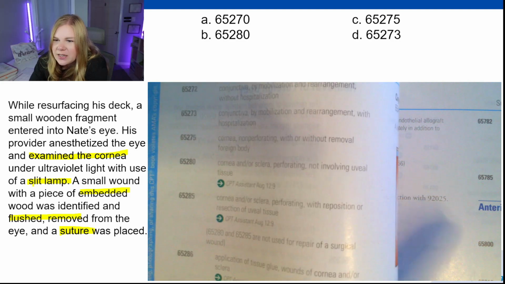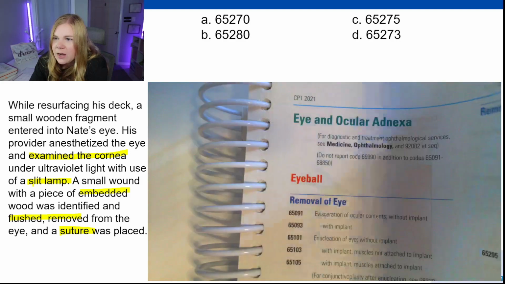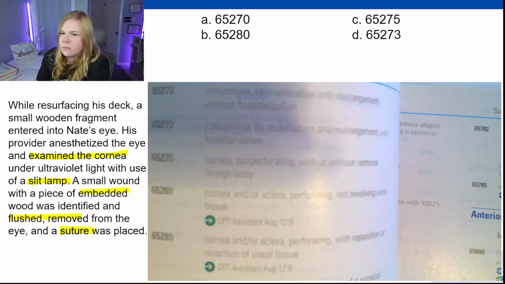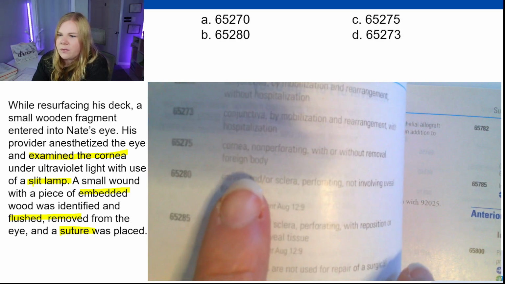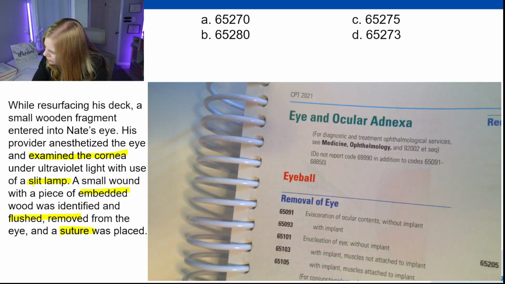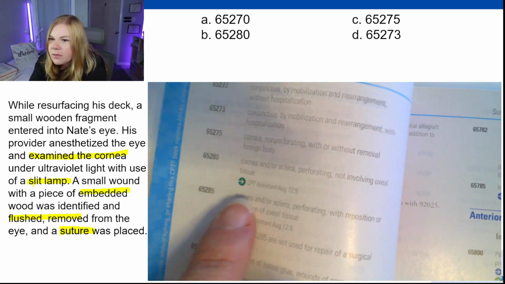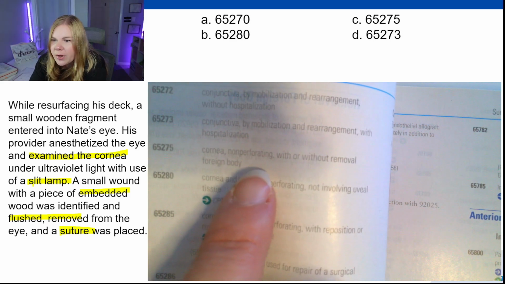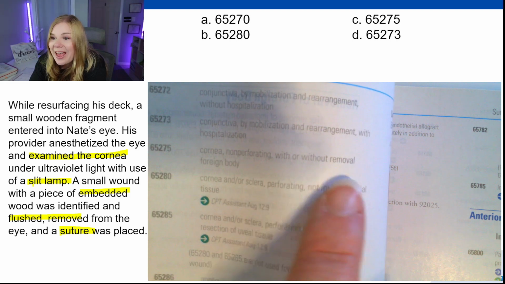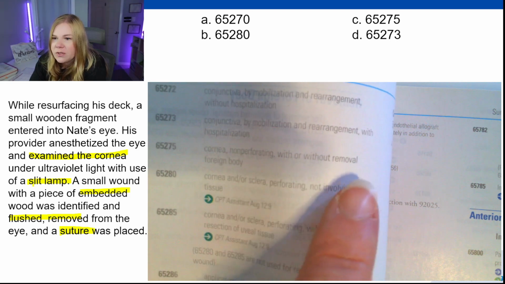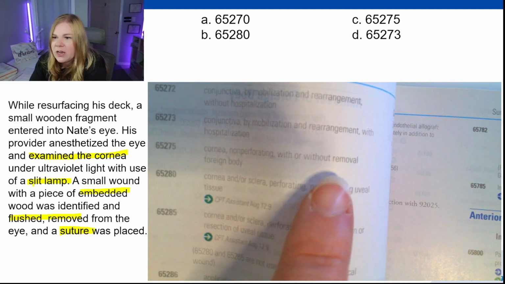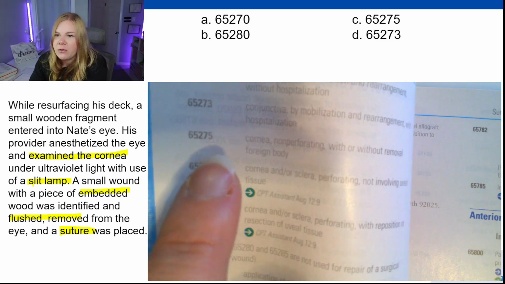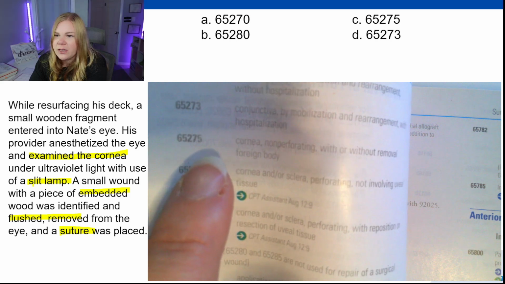But again, this doesn't say anything about the foreign body. 65275 is our option C. So 65275 is the laceration repair of the cornea, non-perforating, with or without removal of foreign body. So even if it did or did not have a removal of foreign body, which in this case it did, we still use this code, this 65275. So I like that one.